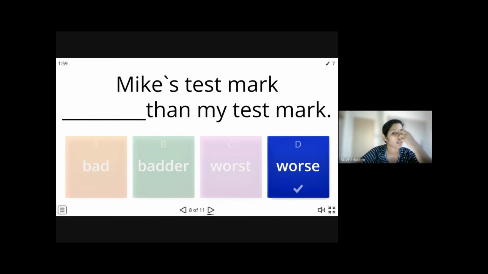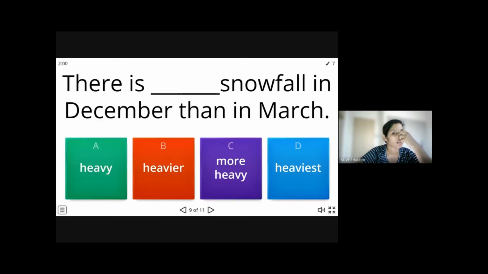Okay. There is dash snowfall in December than in March. So the word is supposed to be heavy, correct? But since it's comparing and it ends with a Y, what do we add for a comparative degree that has the ending with Y?